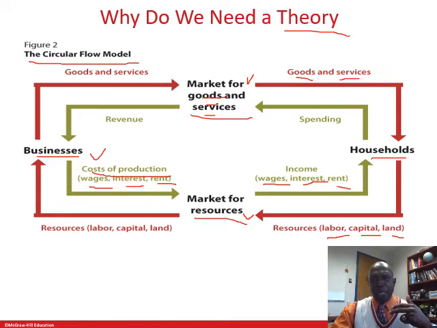So households will spend their income, wages, interest, or rent to purchase the goods and services, and businesses will receive revenue for selling the goods and services to households in the goods and services market.